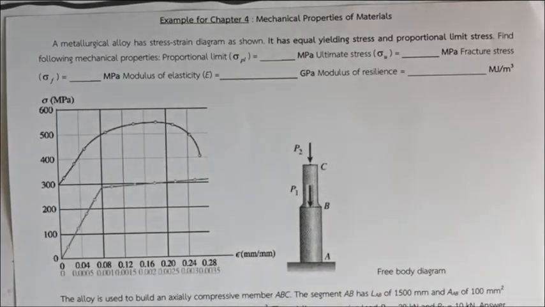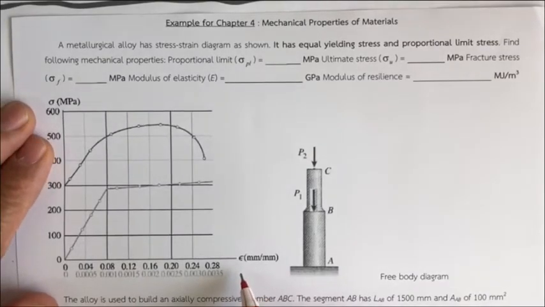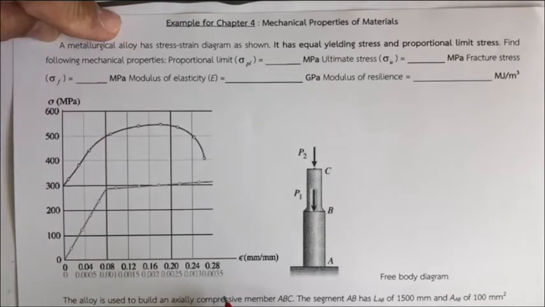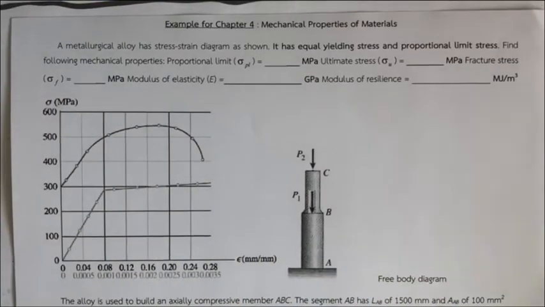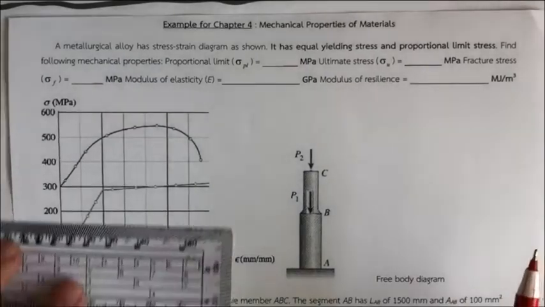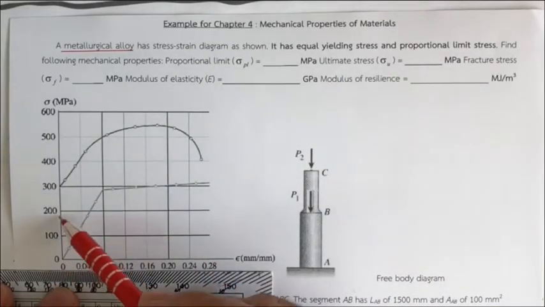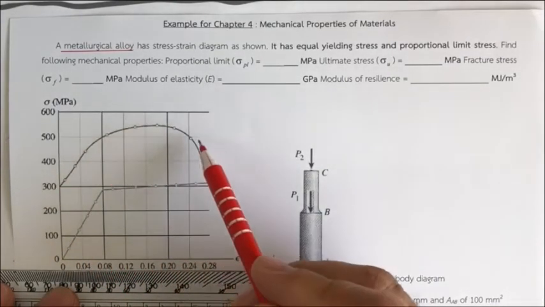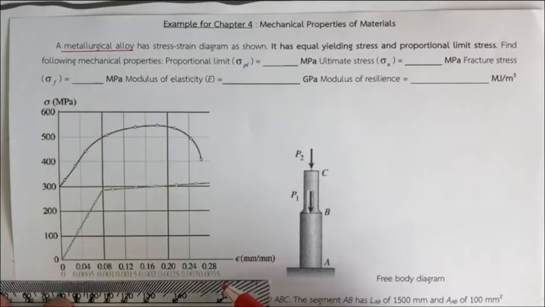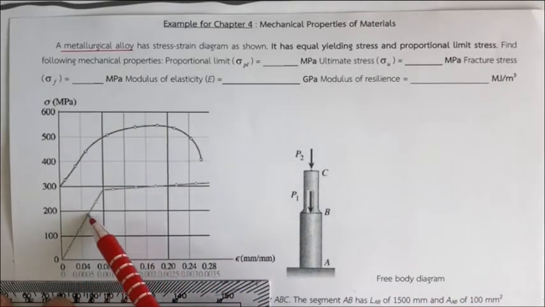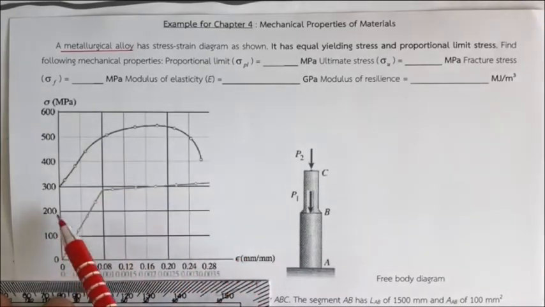Okay, they give us a graph of the stress strain diagram here, and this represents the behavior of a metallurgical alloy, and the graph has two scales. One is the upper scale, which covers the whole behavior of this alloy, and another one is to zoom in on this portion of the graph which is too close to the vertical axis.